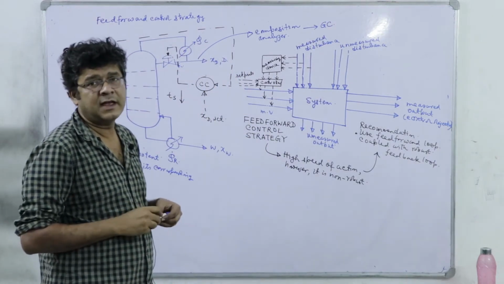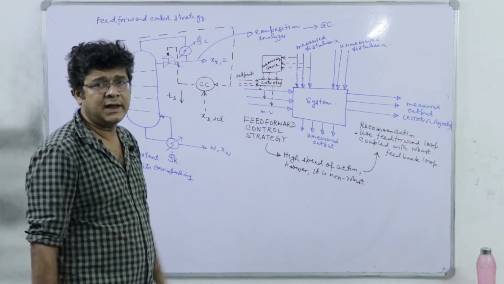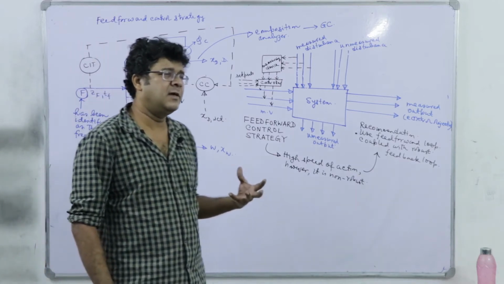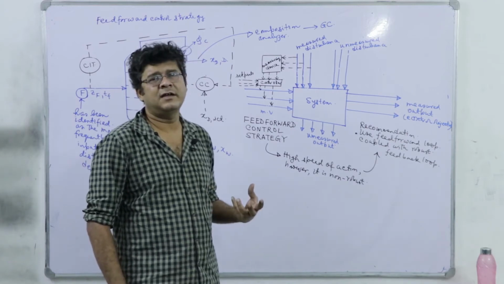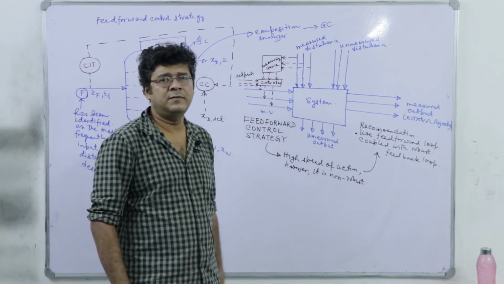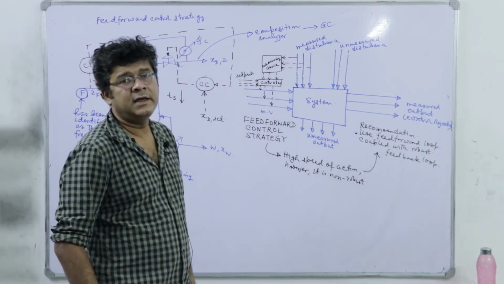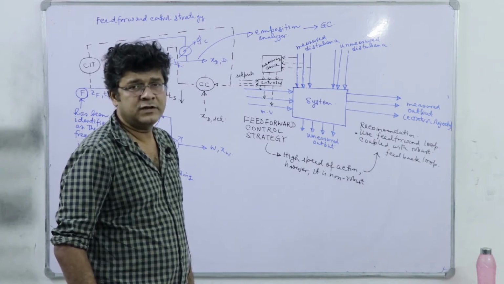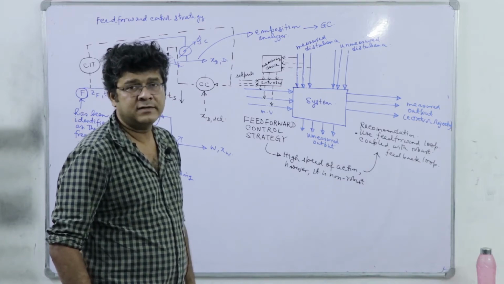What is the cost of the gas chromatograph? Around 20 lakhs, right. A medium reliability standard gas chromatograph, which can actually measure the mole fraction or mass fraction of pentane in a pentane hexane mixture or solution, is around 20 lakhs.